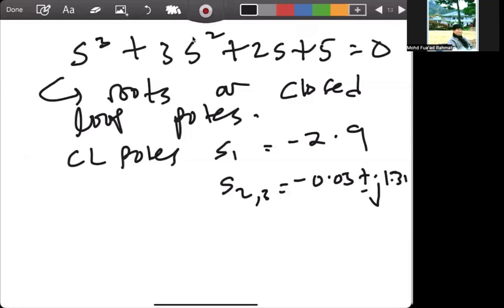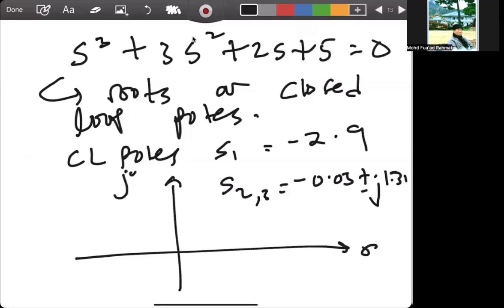So if you look here, the location mapping for these poles is located here and here.